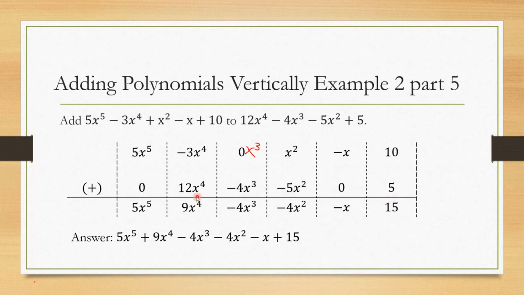So the polynomial, the answer, is made up of these terms, and in standard form we get this. It's in standard form because the exponents of x are decreasing as we go from left to right.